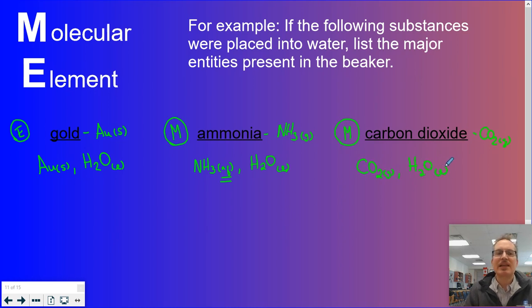So the key to this really is, if you are part of the ME, if you're a molecular compound or an element, you do not break into ions. You stay together. The only time you have to question anything in molecular compounds or elements is if you are on the SHAG ME list of memorized molecular compounds.